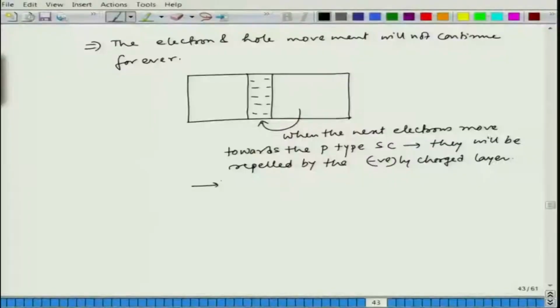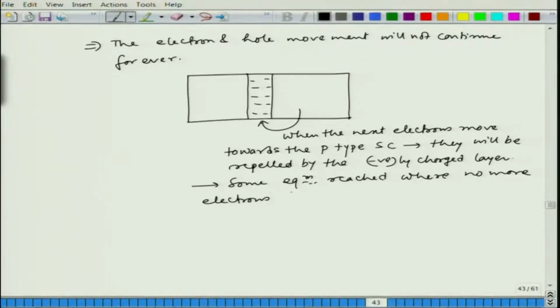So, there will be some equilibrium value where it will stop. Okay. So, some equilibrium is reached where no more electrons flow to the p side, right.